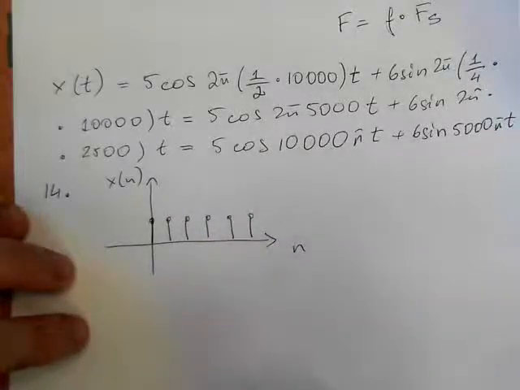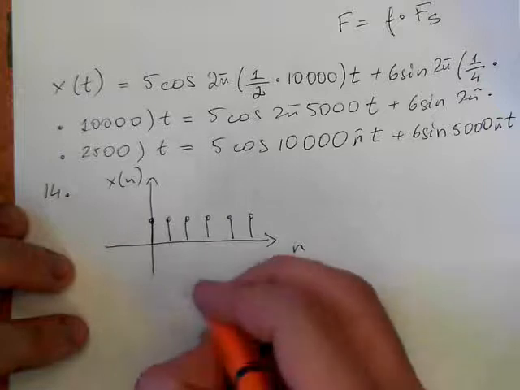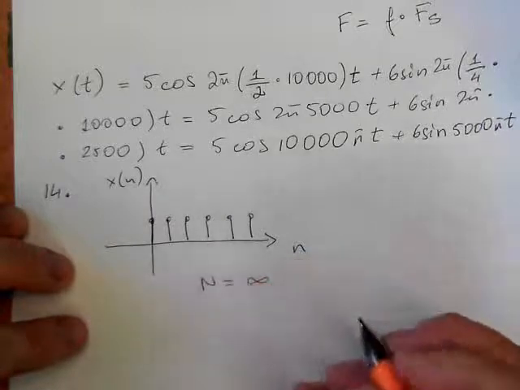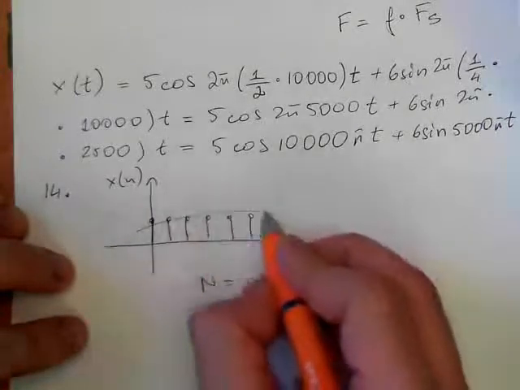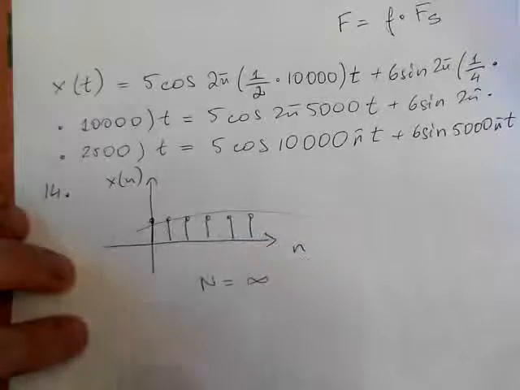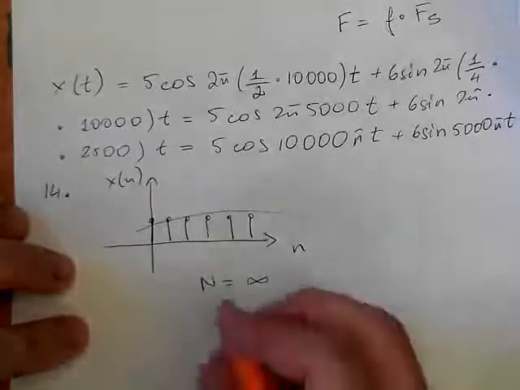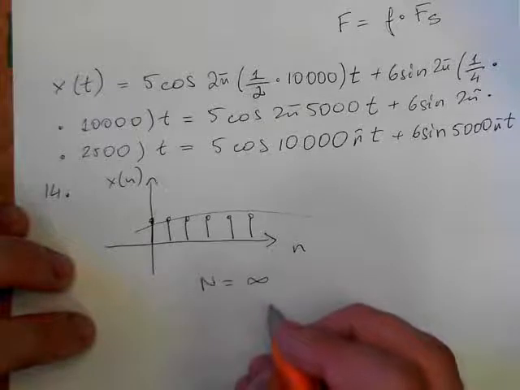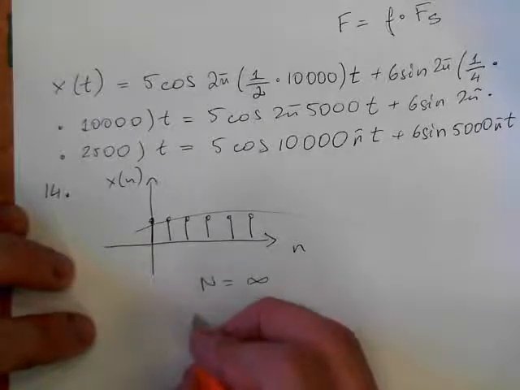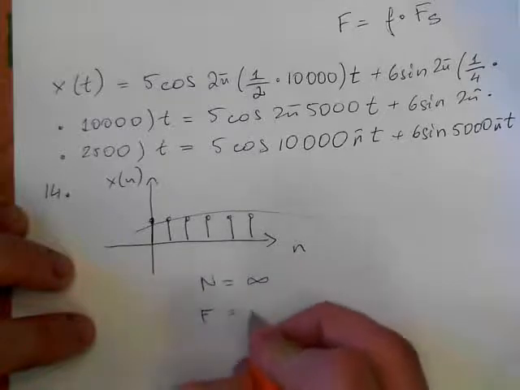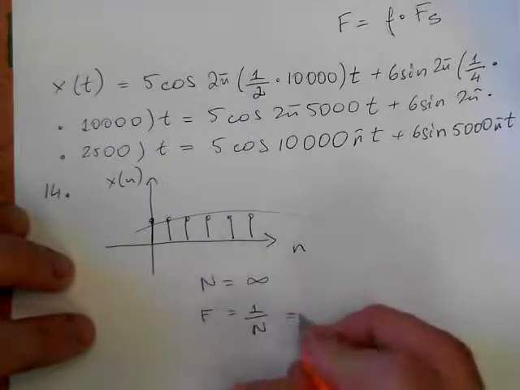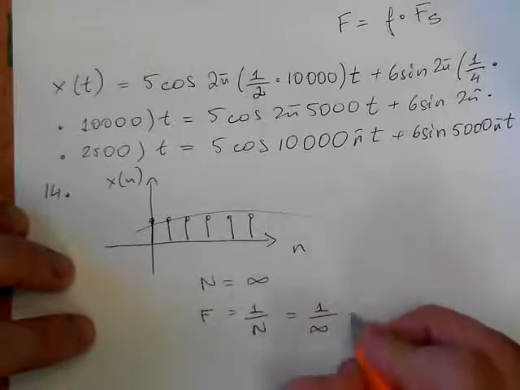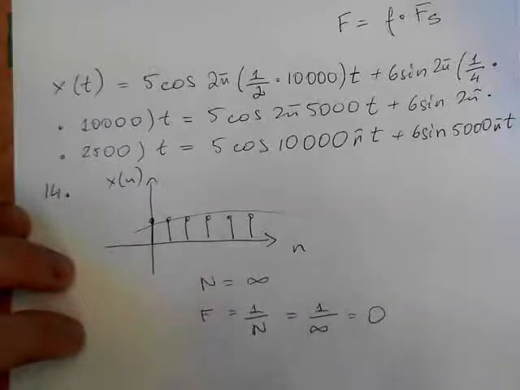What is this period? Period is infinite because it has the infinite wiggling somewhere far away, and now what is the frequency? Frequency is 1 divided by n, so it is 1 by infinity and it is 0, so it has 0 frequency.